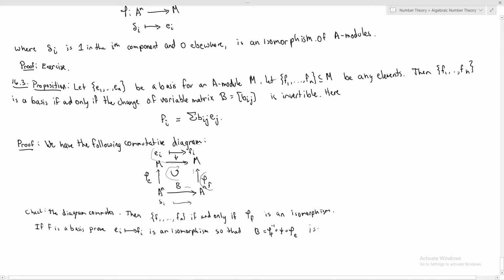Okay, it is invertible. It's a composition of a bunch of invertible maps. And if B is invertible, if I can go backwards, what does that mean?